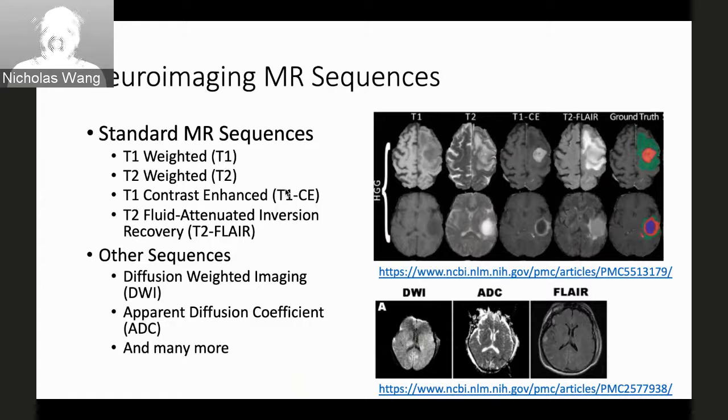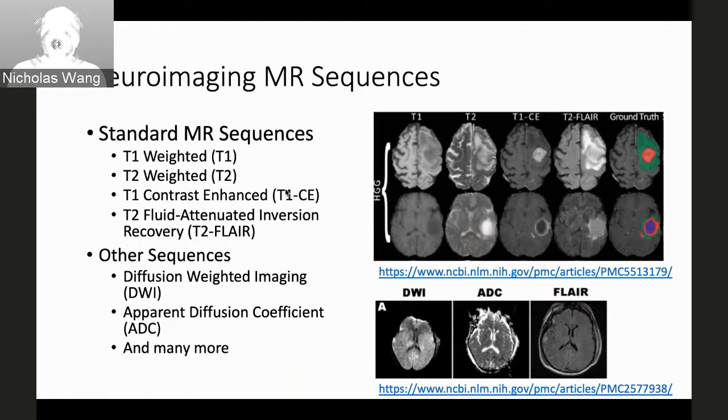And beyond these standard MR sequences, you will also run into diffusion-weighted imaging, such as apparent diffusion. There's also an apparent diffusion coefficient, which is a secondary image where you've calculated a standardized scale of what this diffusion coefficient is.